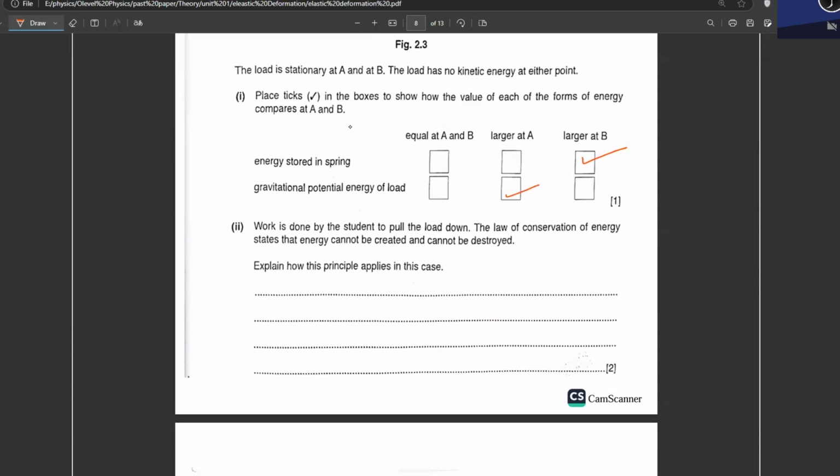Work is done by the student to pull the load downward. The law of conservation of energy states that energy cannot be created and cannot be destroyed. Explain how this principle applies in this case.